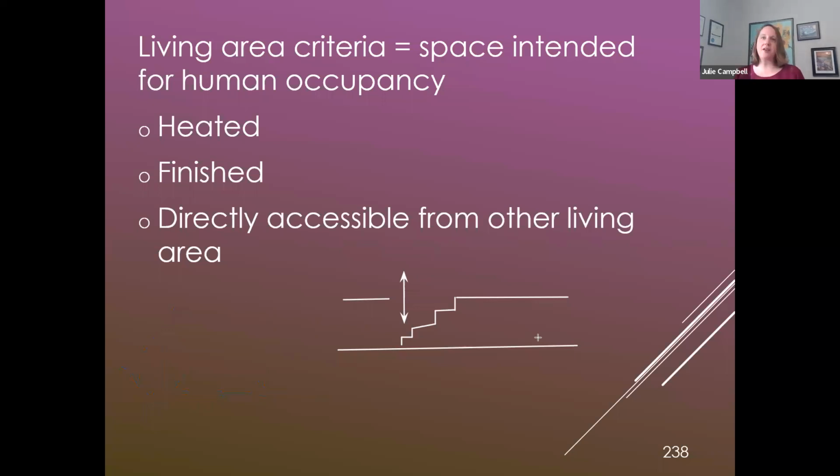I don't think it's a bad idea for you guys to hook up with an experienced, seasoned agent in your office. Say, hey, when you get a listing, will you let me come with you and observe? They may ask you to hold the dummy end of the measuring tape. What's the dummy end? It's the one without the numbers, because they're going to be responsible for the end with the numbers.